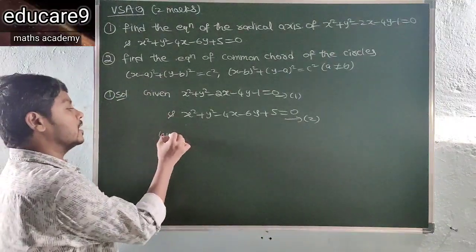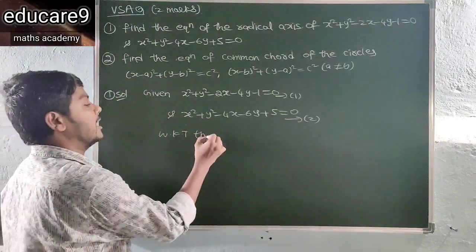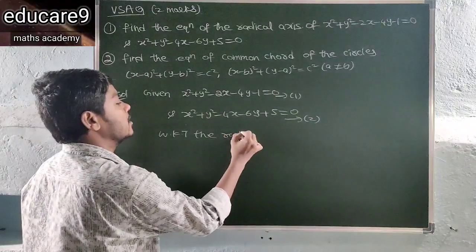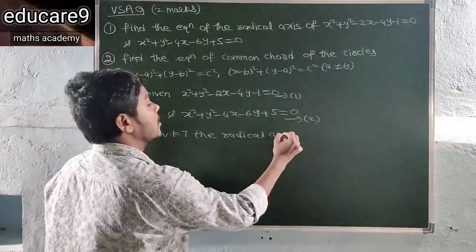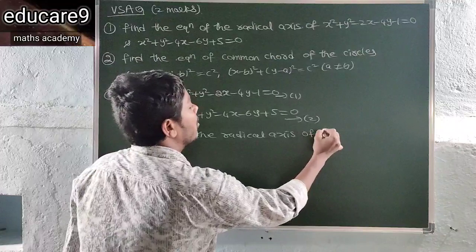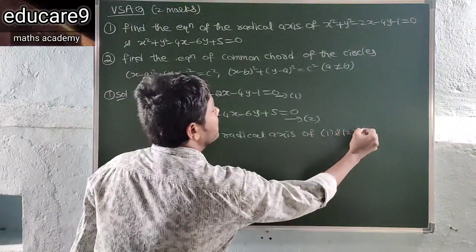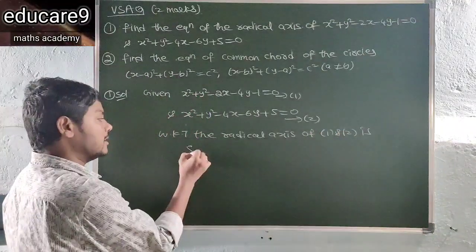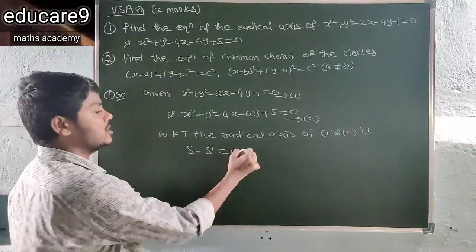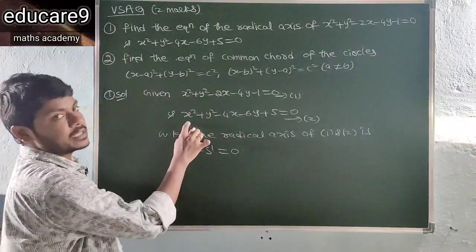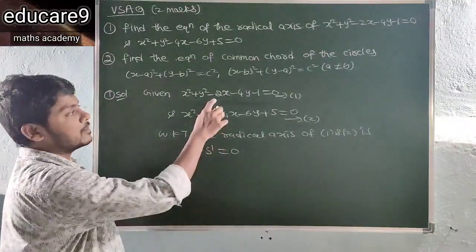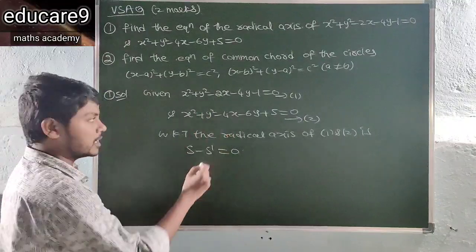So you know that the radical axis of 1 and 2 is S minus S dash equals 0. So here x square minus x square, y square minus y square, they cancel. Minus 2x minus of minus 4x.